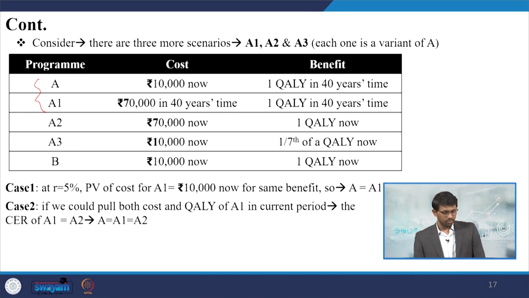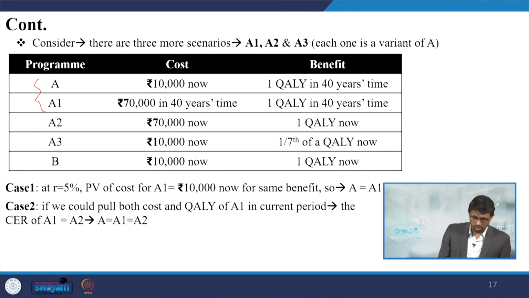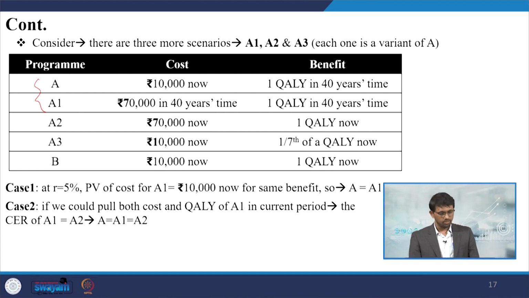Comparing with another case, instead of 70,000 in 40 years time, if you have 70,000 now and 1 quali now. So, if we could pull both cost and quality of A1 in the current period, if both are actually pulled together, then the cost effective ratio of A1 is equal to A2.